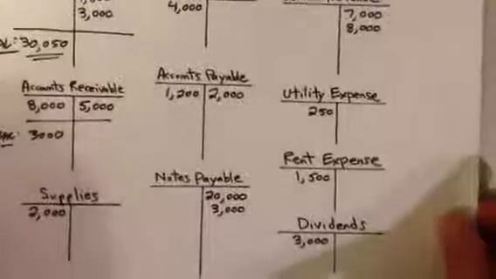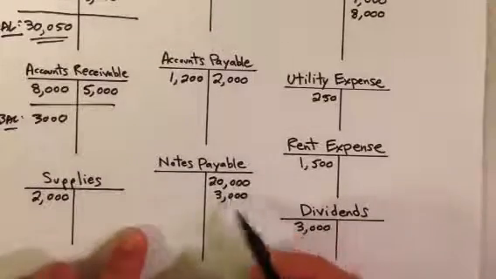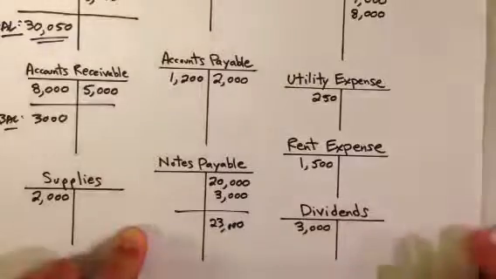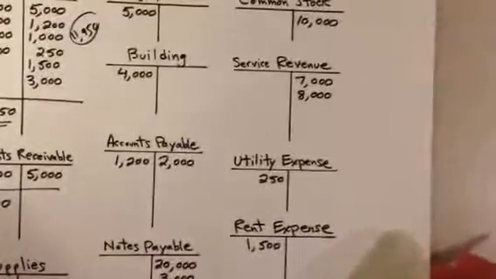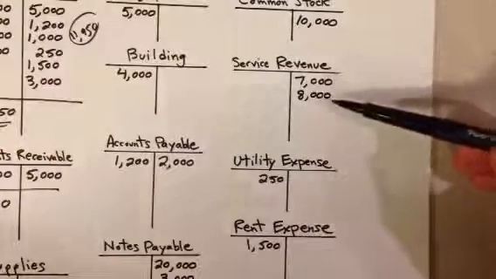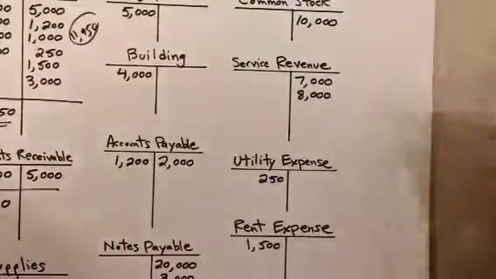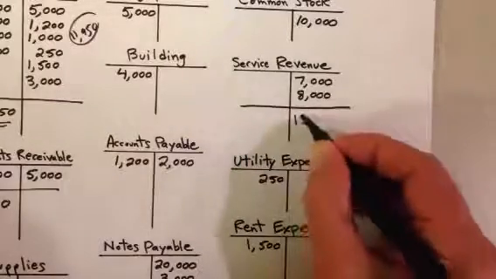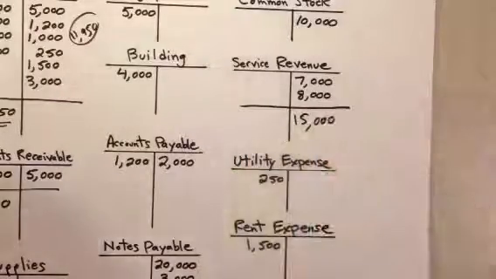How about notes payable? On the credit side, we have a $23,000 balance. And how about service revenue? We had recorded $7,000 and another transaction with $8,000. Our total for this period, we have a $15,000 credit balance for service revenue.